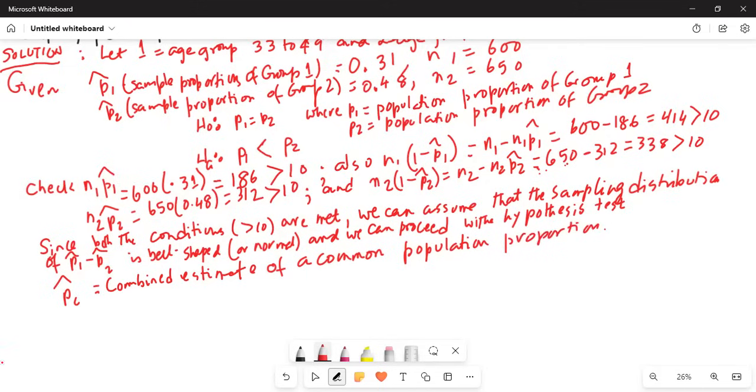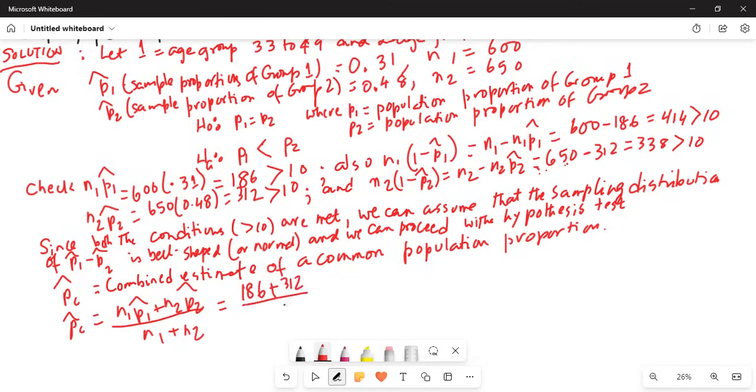And PC hat is given by PC hat is equal to N1 times P1 hat plus N2 times P2 hat divided by N1 plus N2, which is 186 for N1 P1 hat as we calculated in the first step, and N2 P2 hat is 312.